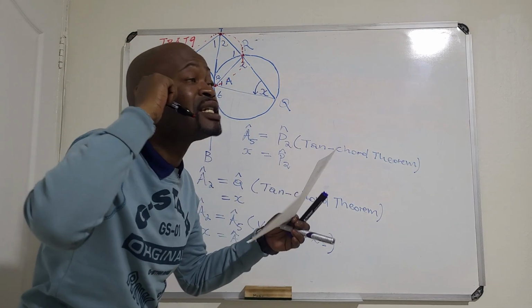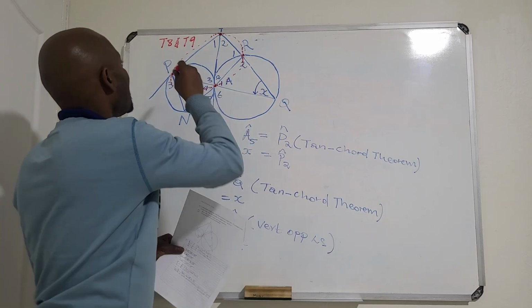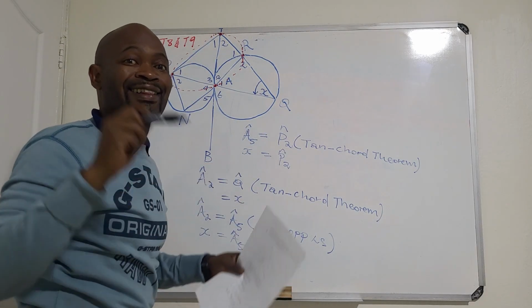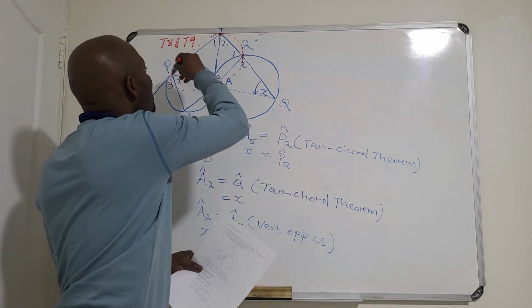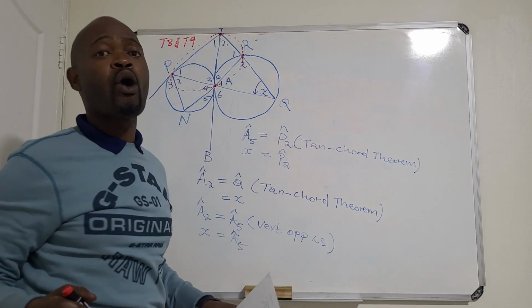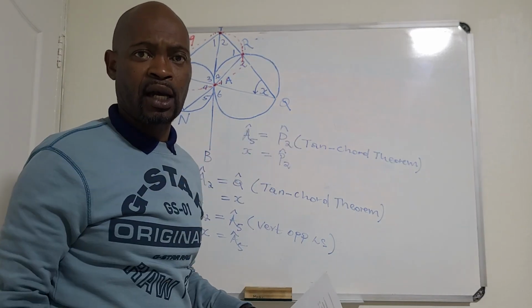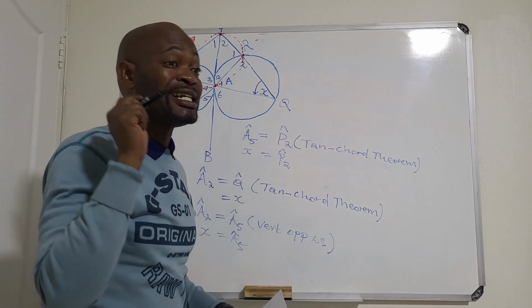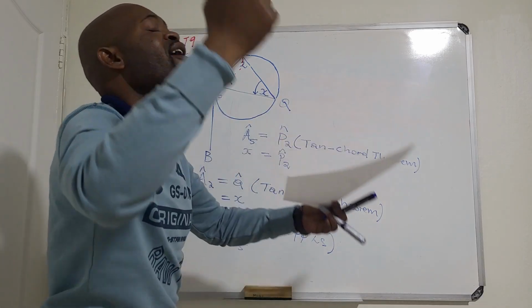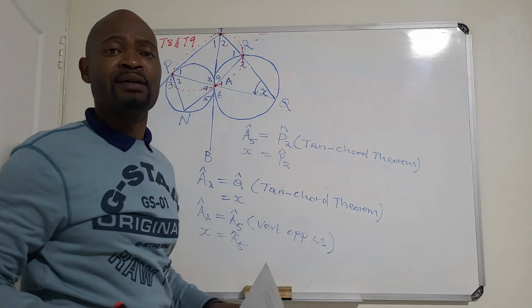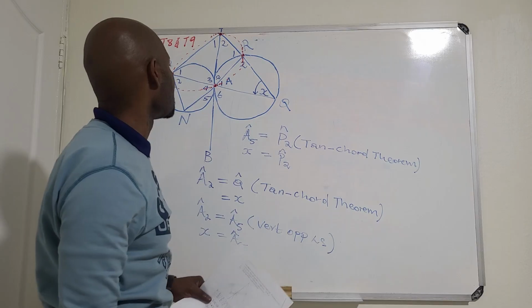No, it means that once you prove that APTR is a cyclic quad, then there's an imaginary circle which makes these 4 points be on the circle.